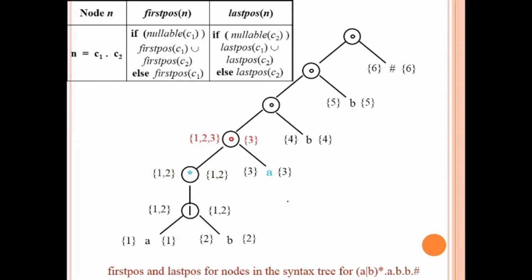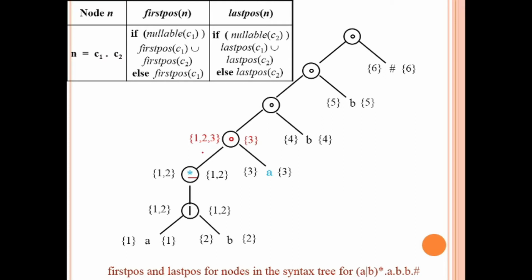Moving ahead, the concatenation operation. The rule for first position of the concatenation operation says that if C1 is a nullable node, C1 meaning the star node, because this is the first child of the concatenation node, then first position of this concatenation node will be equal to first position of the first child union first position of the second child.